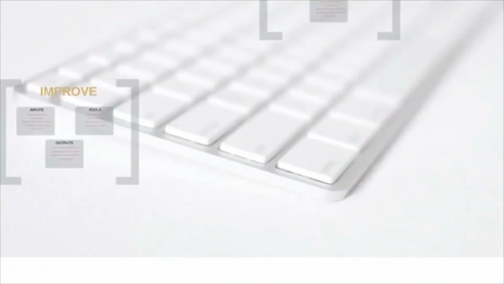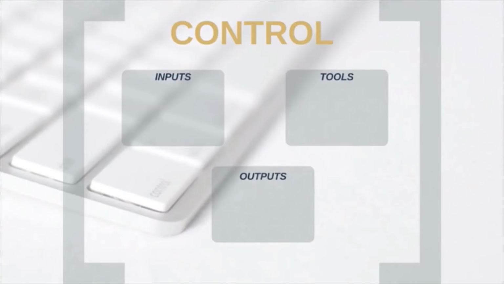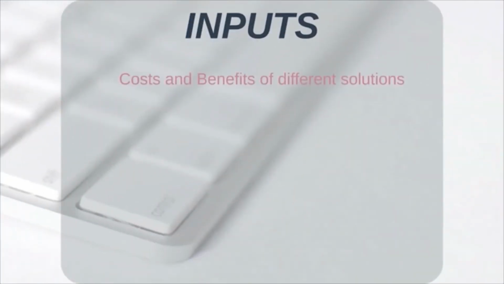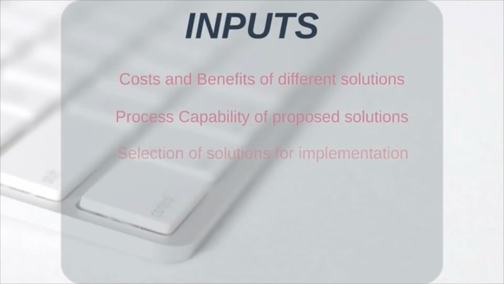The last phase is control. The inputs of this phase are cost and benefits of different solutions, process capability of proposed solutions, selection of solutions for implementation, and implementation plan.